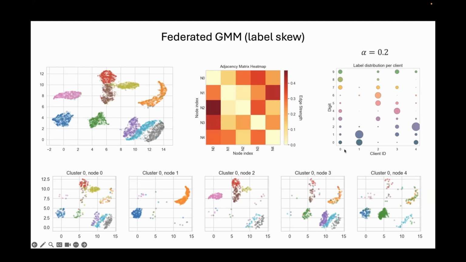While client number 0 has more or less the same number of samples for each digit. So we can see that here the split is very skewed, and this is reflected in the adjacency matrix. We can see that some nodes are more similar to each other based on how similarly the data is split between the nodes. Okay.